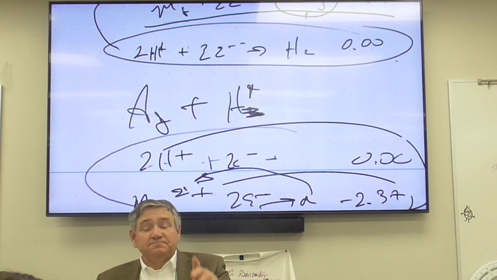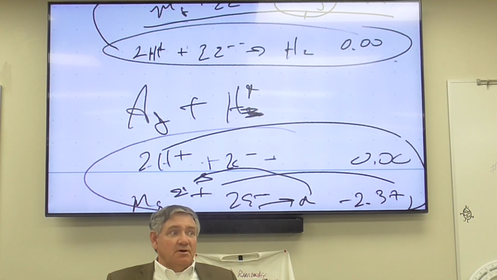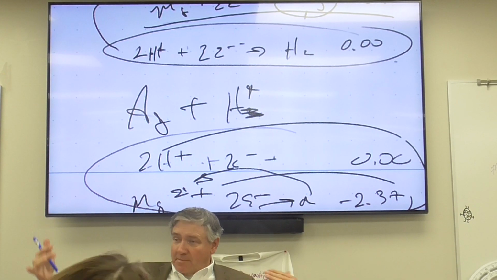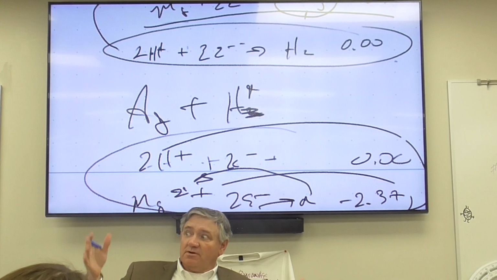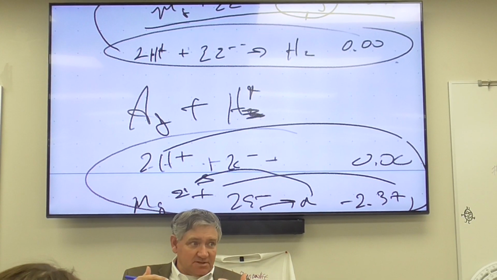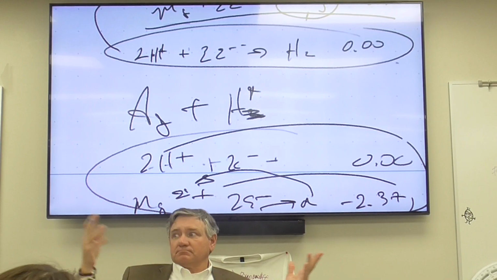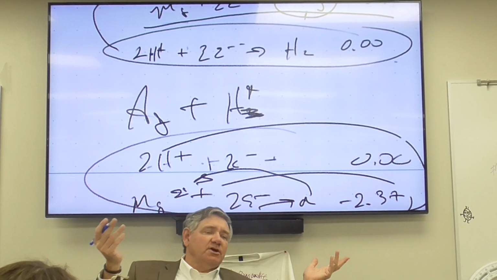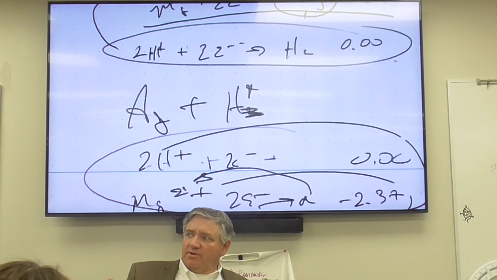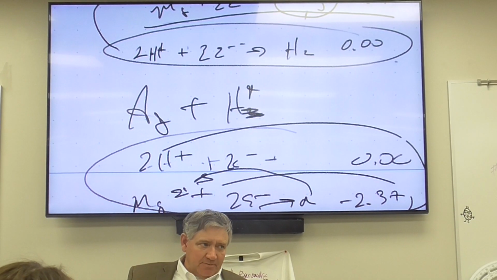I don't care how you view this. The over-under game: if you're a math nerd and you want to add numbers together, great. If you add together the voltages and you get a positive number, it's a spontaneous reaction that's going to take place. If you add the numbers together and you get a negative value, it's not going to happen.